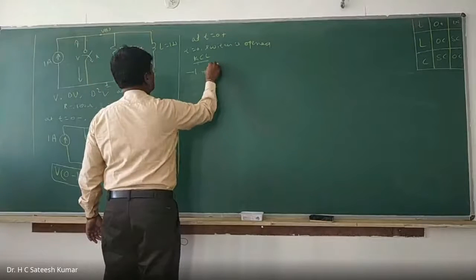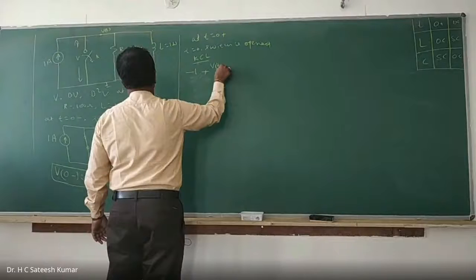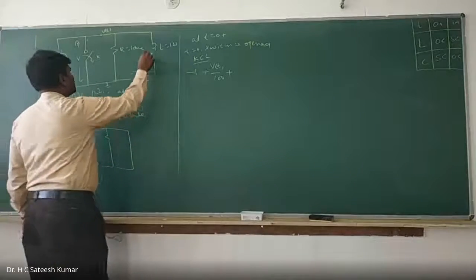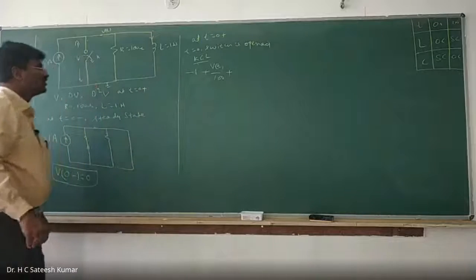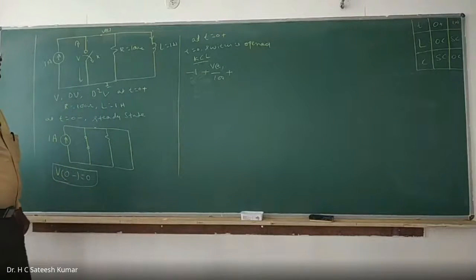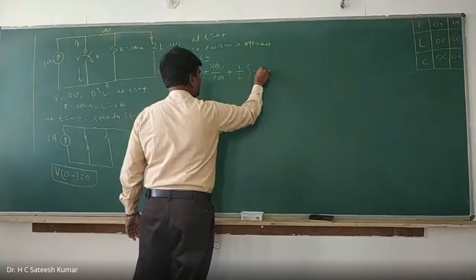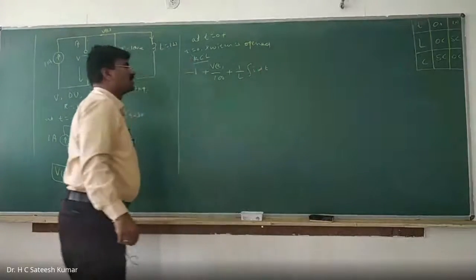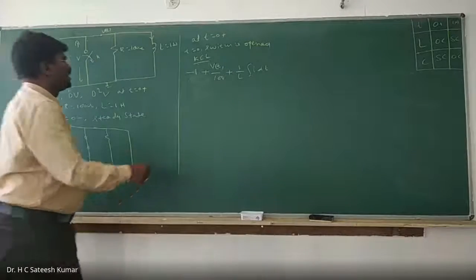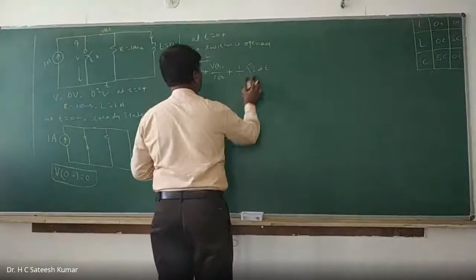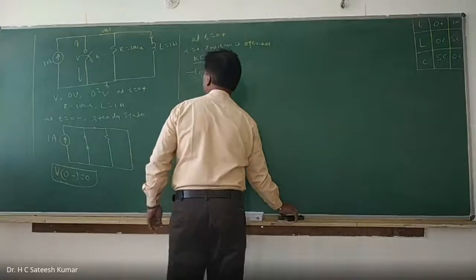Plus V of t divided by 100 plus, and what is this current? This current is the current flowing through the inductor.